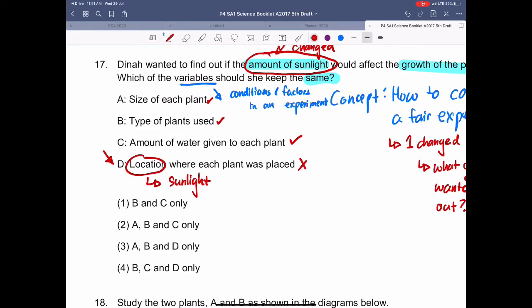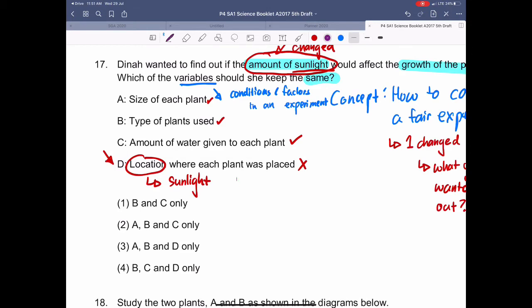We think that it should be related to the location. So if I'm going to conduct a very fair experiment, I would modify this experiment. This is an extension question.